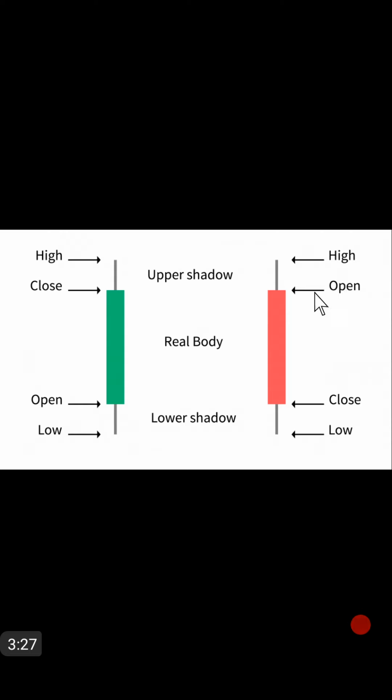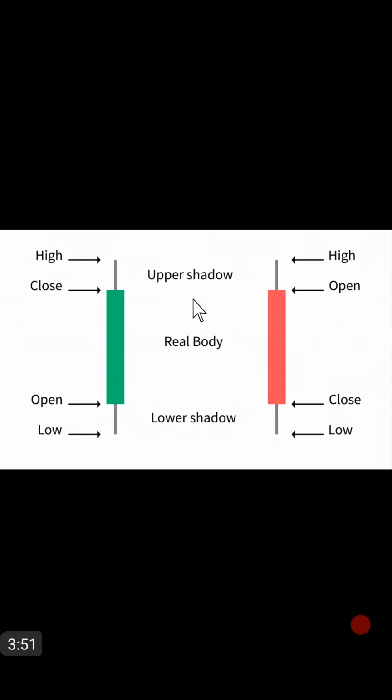Now, when you are looking at a candlestick in regards to price action, you need to take into account what is happening to this candlestick because you are not using indicators. So you need to pick as much information as you can from here.